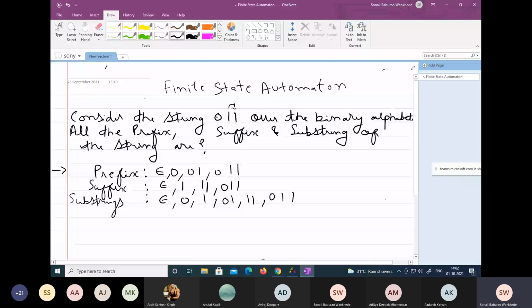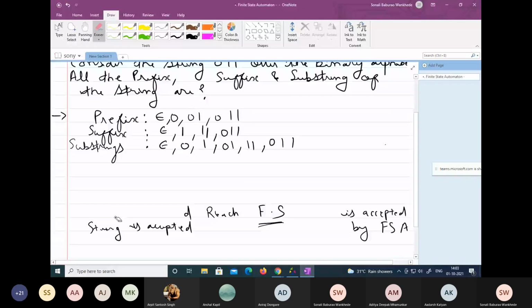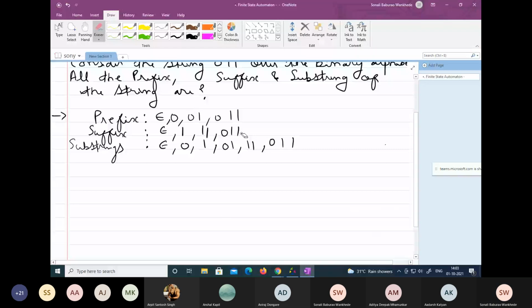Now you have to compute the power of a given string. How will you compute that? For example, here x is equal to 011.